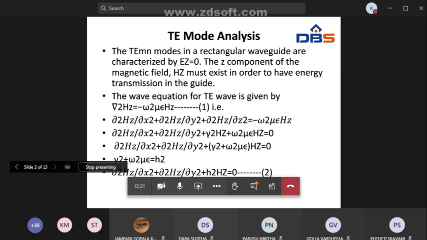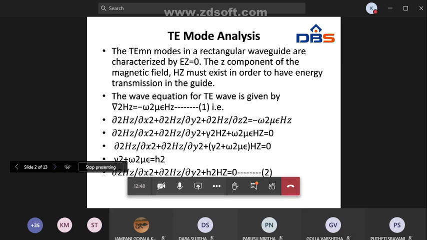So that's why TM00 mode cannot exist. If you substitute the 0, 1 and 1, 0 values also, TM01 and TM10 cannot exist. So in TM waves there is no TM00, TM01 and TM10.